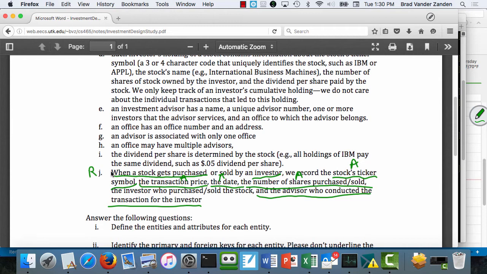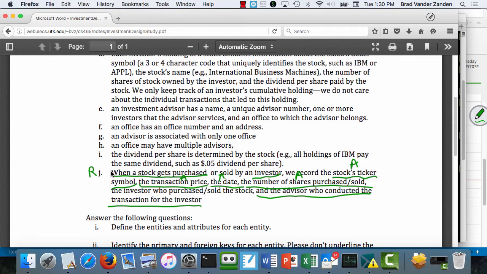So the answer, Greg, is usually if you have a brokerage account, normally it shows you your actual holdings, okay? Like IBM purchased on 3/21/16, 500 shares, purchased on May 25th, 200 shares.